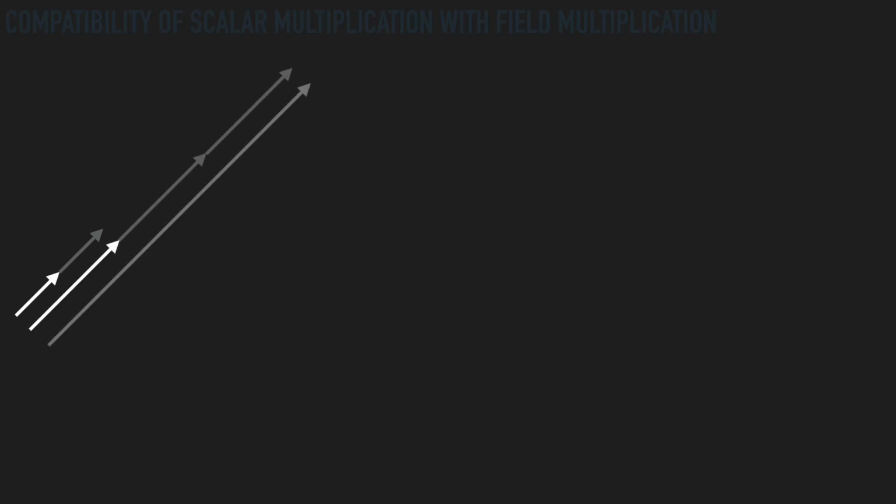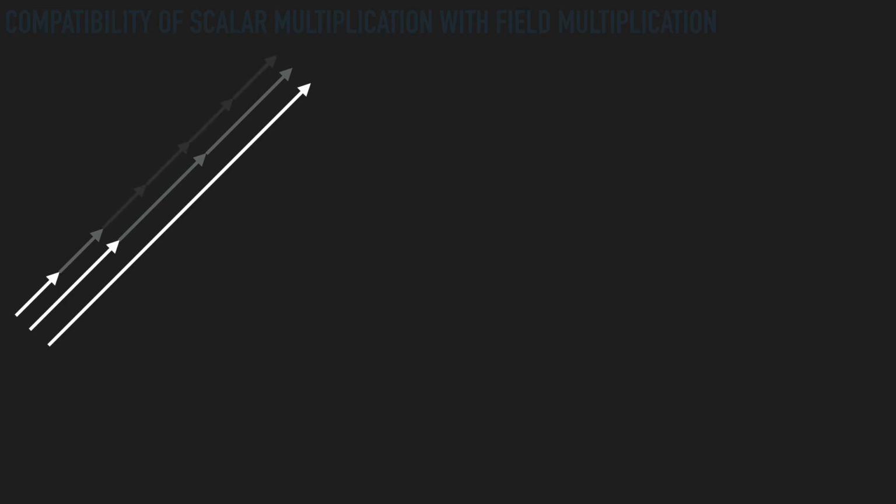Apart from adding together vectors, we can also multiply them by scalars or scale them, and this scalar multiplication plays very nicely with field multiplication, which is multiplying scalars together. For example, scaling a vector by 2 and scaling the resultant by 3 is the same as directly scaling the original vector by 6.